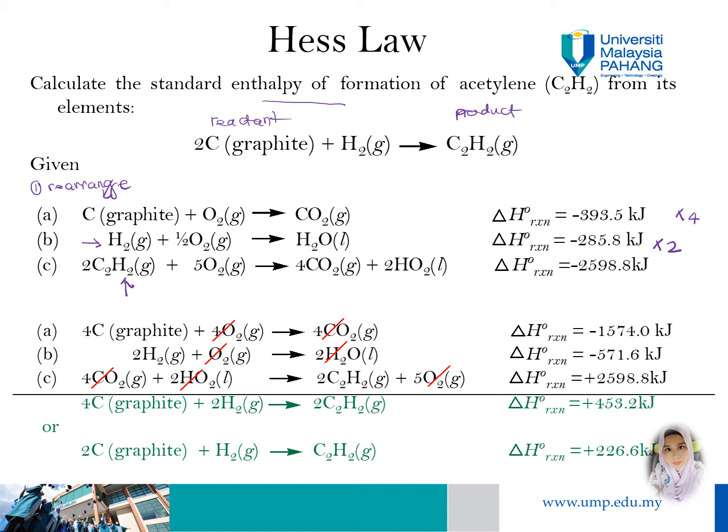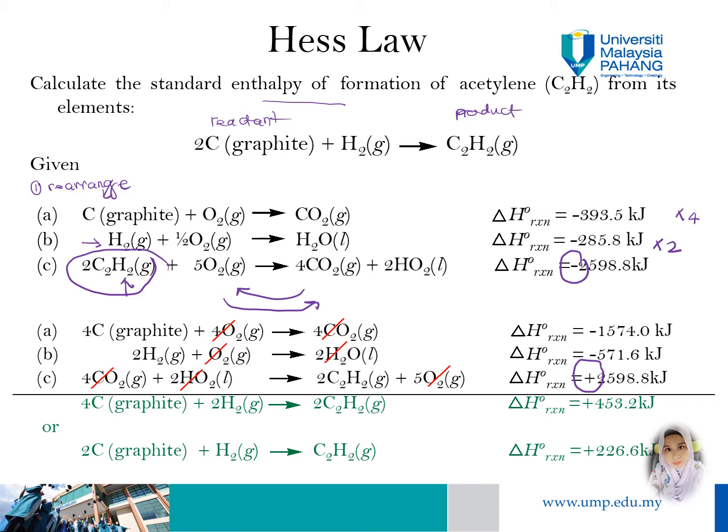Then for step 3, we reverse the reaction, from left to right and right to left, to produce the product here. This means the sign will change from negative to positive.